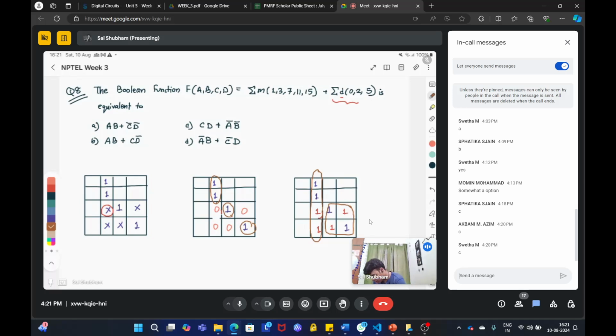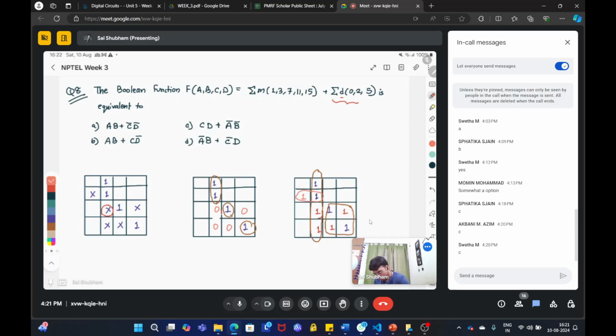Another thing I would like to mention, for example, if it happens that this position is also don't care, then if you assign 1 over here, it would be problematic for us to simplify it. For example, this one cannot be paired with anyone else. If you pair with this one, it will only increase the number of circuit elements.